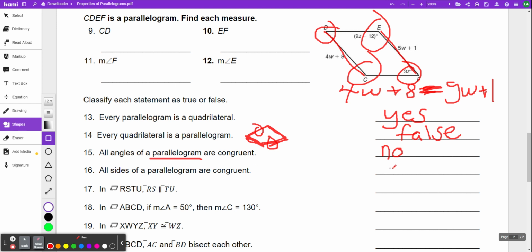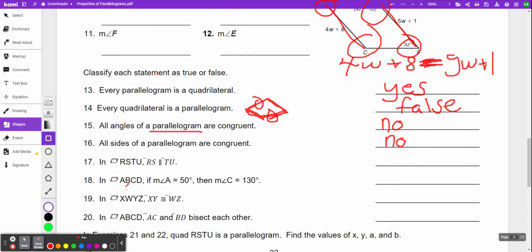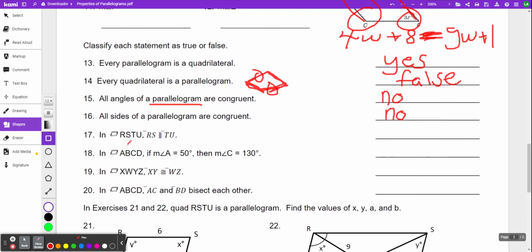All sides of a parallelogram. No. Only squares, which are parallelograms. In parallelogram RSTU, what? Oh, I see. They're testing our ability to understand the name. So remember these are in order. R, S, T, U. We don't know the lengths of the sides, but we do know the order.